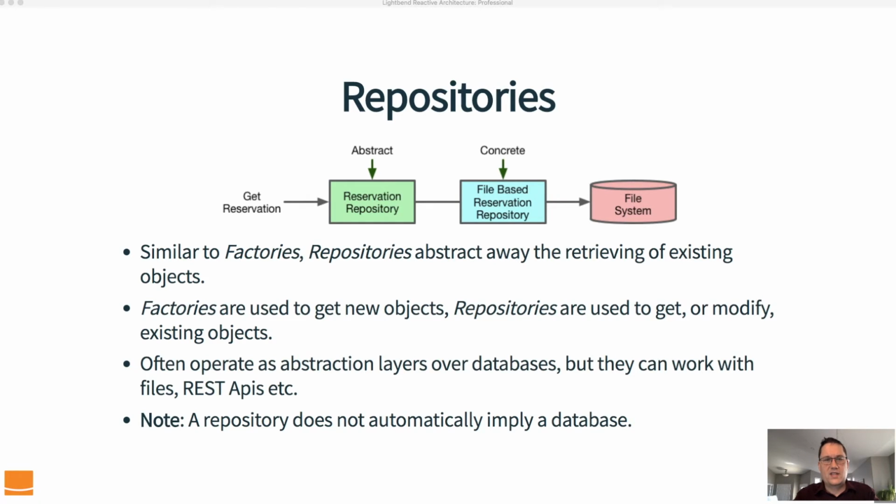Now, that's an important distinction here, which is the fact that oftentimes repositories are thought of as just a layer on top of a database. And while they often are, they don't have to be a layer on top of the database. The other thing is that with repositories and factories and even services, because we have this abstraction layer, we can substitute different implementations. A common thing that I will do is I'll build a repository and I will have, for example, a Cassandra version and an in-memory version.